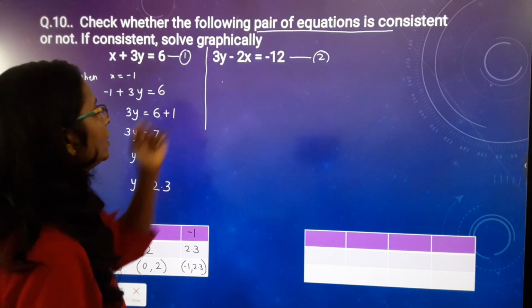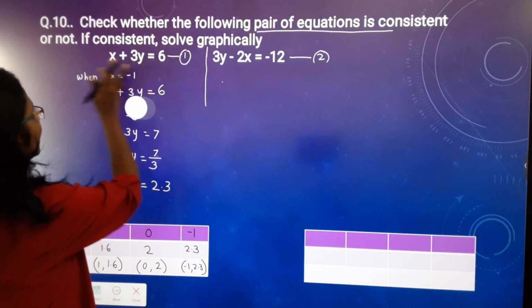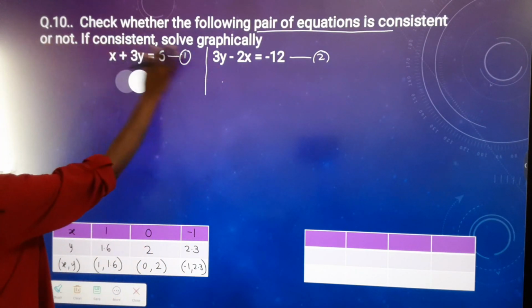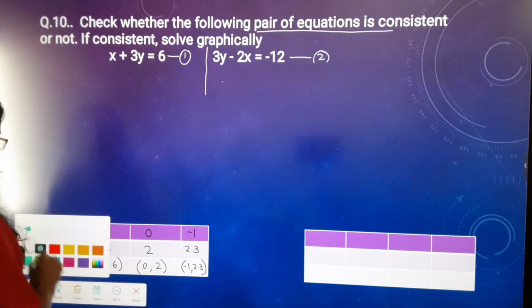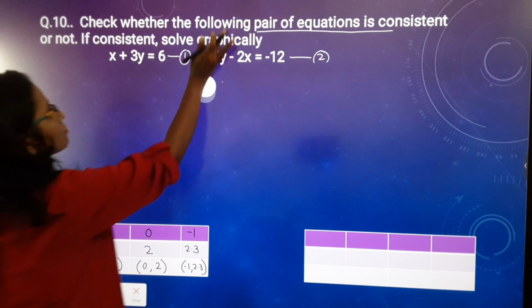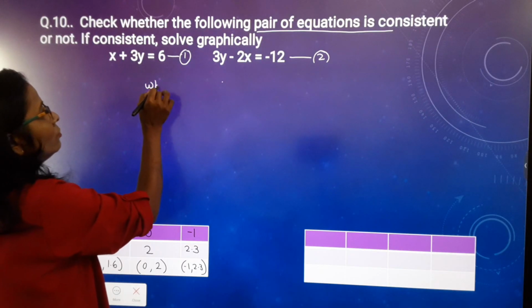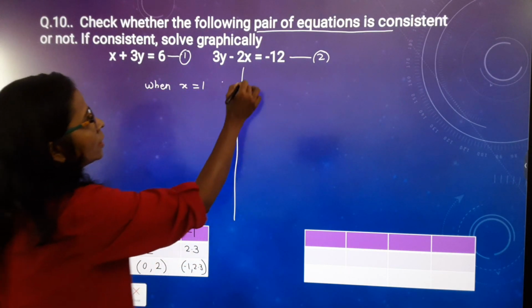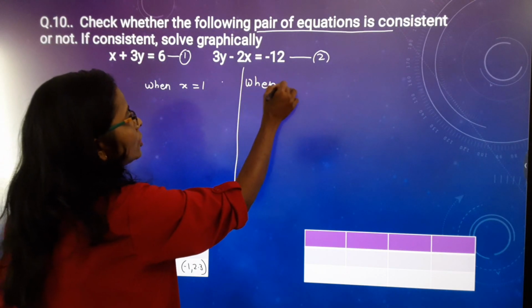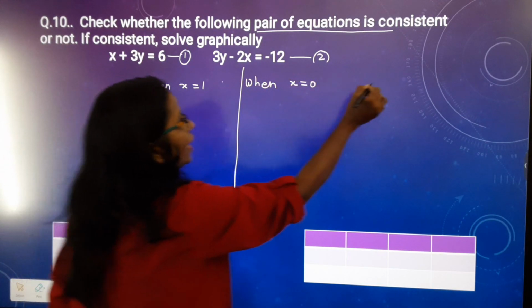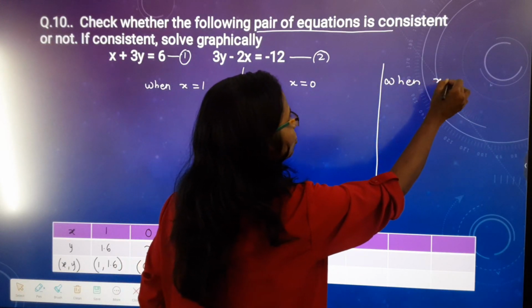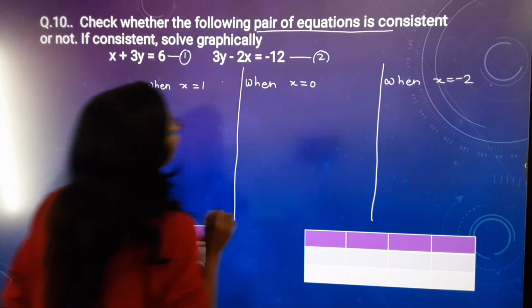Now let us solve the other equation also. Here also I take the values when x is equal to 1, when x is equal to 0, and when x is equal to minus 2. I write the negative values.